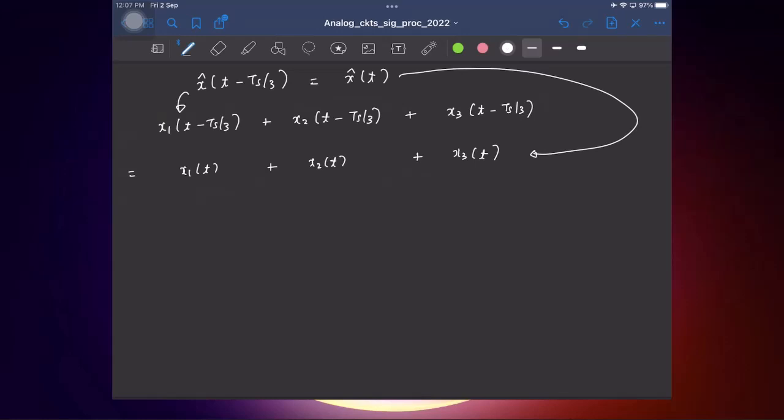See, one trivial solution to this obviously is to make each of these equal, but that simply says that each of these signals is periodic with ts by 3, which means the periodic frequency is 3 times Fs, right? And that's not what we want. We still want individual signals to be periodic with ts, but the sum needs to be periodic with 3 times Fs. So, okay, so did everyone get what his solution was?